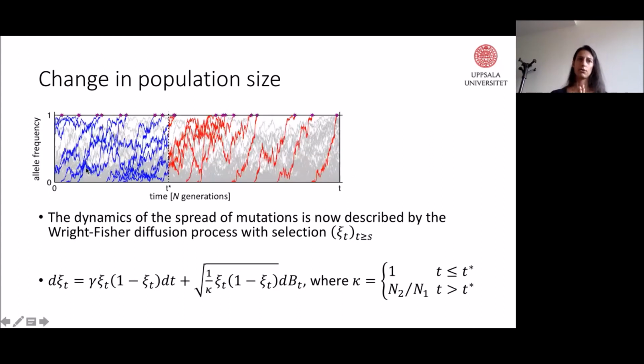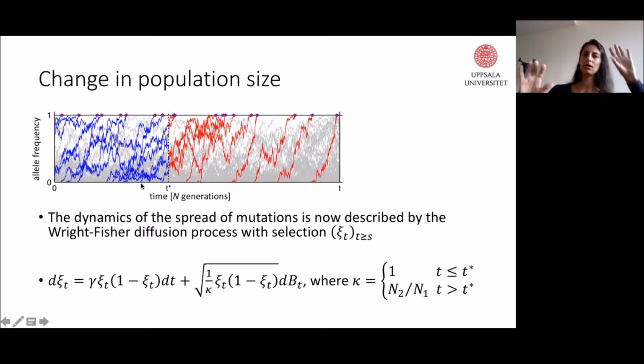So what do our allele frequency trajectories look like? We have 3 different paths. The entirely blue paths are paths that are going to fix. I only highlight the fixations, since we're interested in fixations over time. The blue paths go to fixation before the step change. Then we have paths that are entirely red: mutations originating after the change and going to fixation after the change.